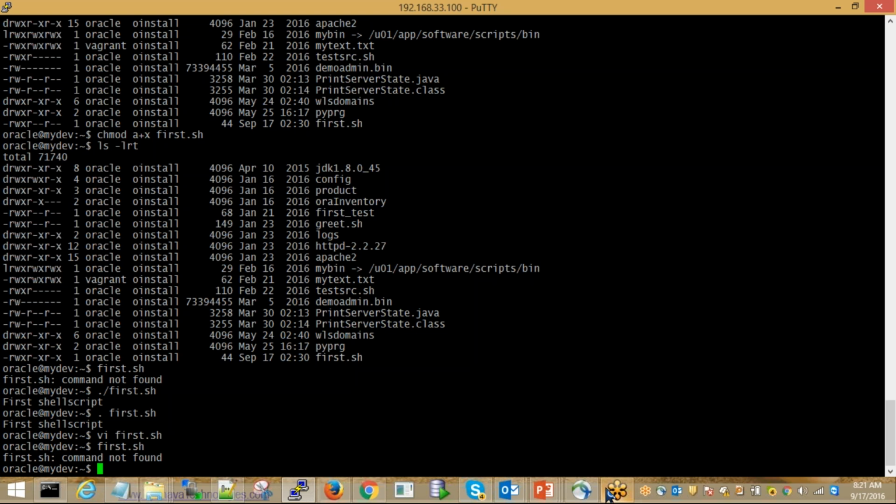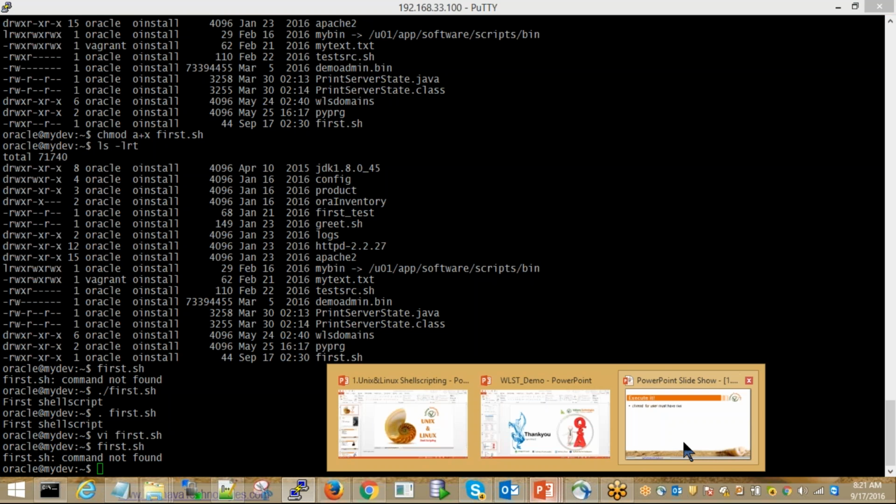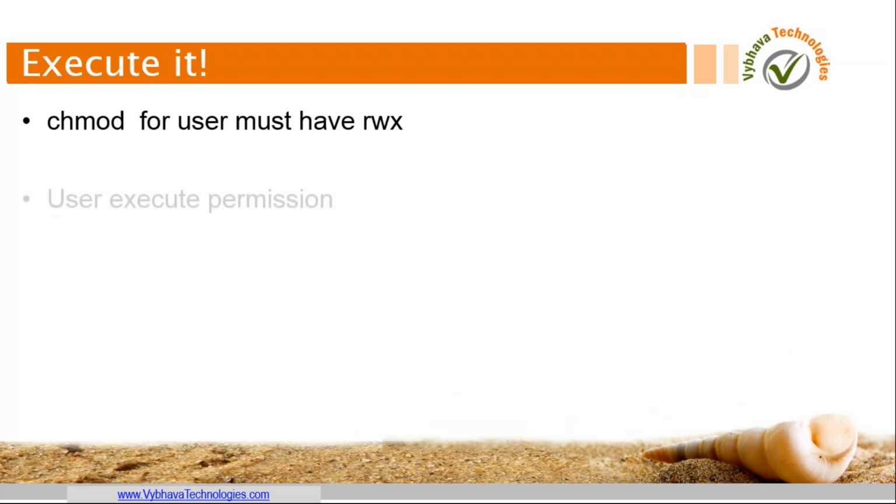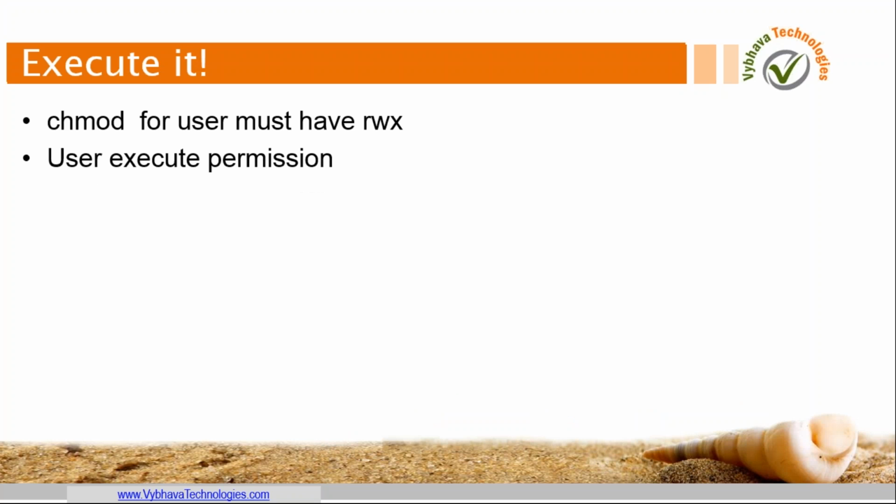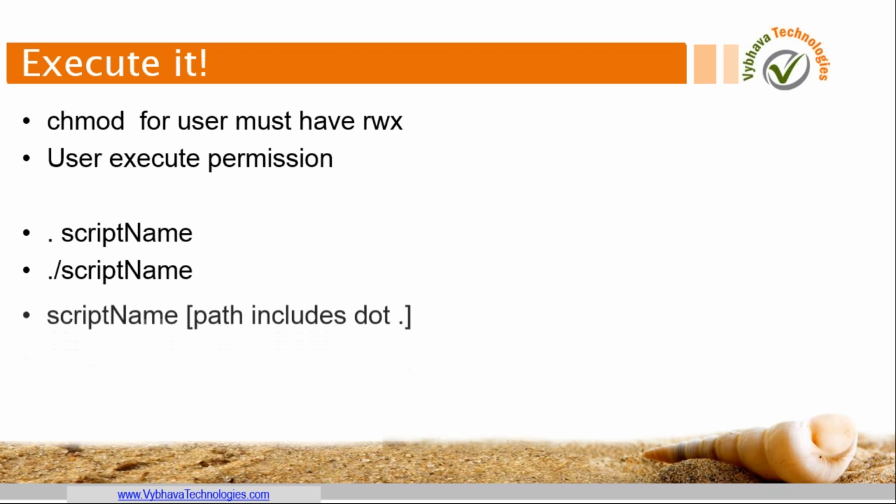Okay, and next thing, user execute permissions. We have checked that we gave execute permission using u plus x. Script name with slash you can use, or dot space you can use. Dot indicates the current, present script.